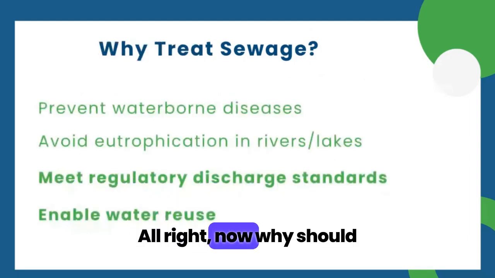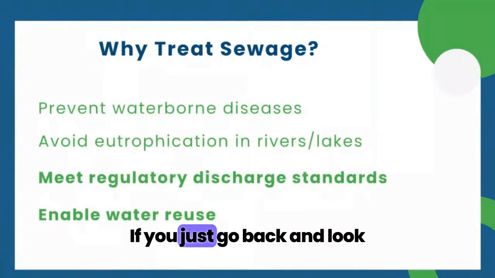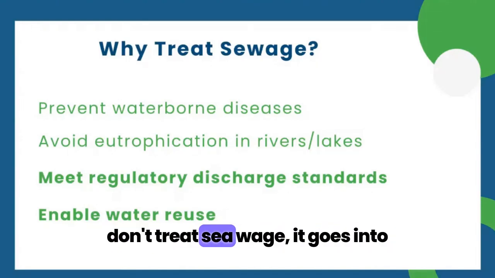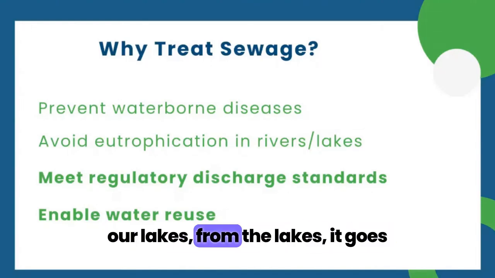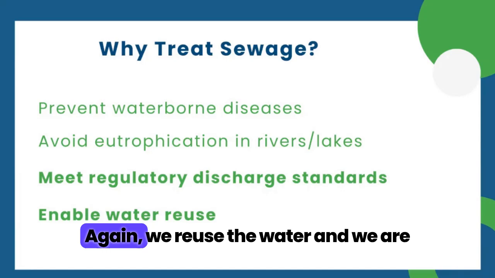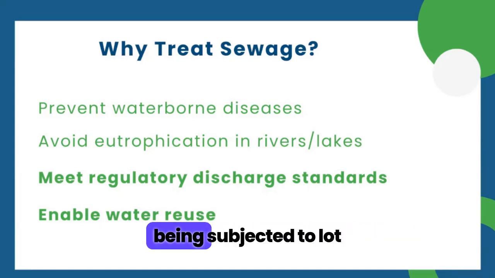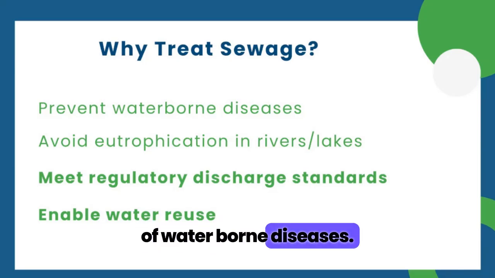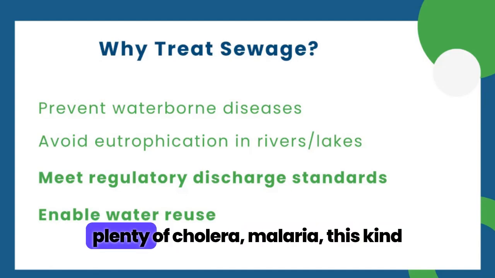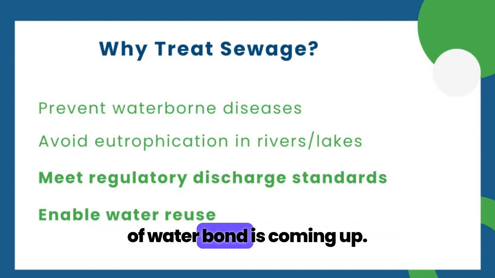All right. Now, why should we treat this sewage? If we just go back and look into the discussions, first is, if you don't treat sewage, it goes into our lakes. From the lakes, it goes into our underground water. From underground, again, we reuse the water, and we are being subjected to a lot of waterborne diseases, right? When the rainy season comes, you have plenty of cholera, malaria, these kinds of waterborne diseases coming up.